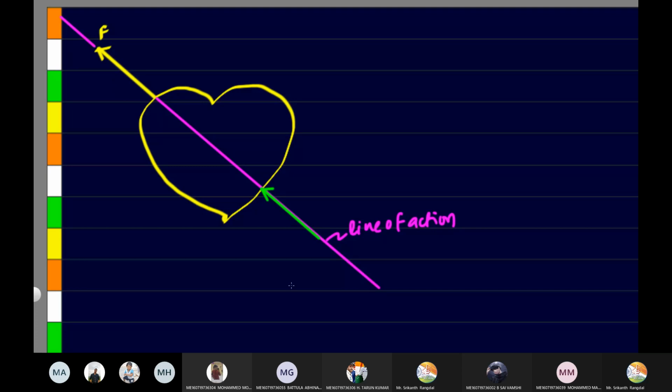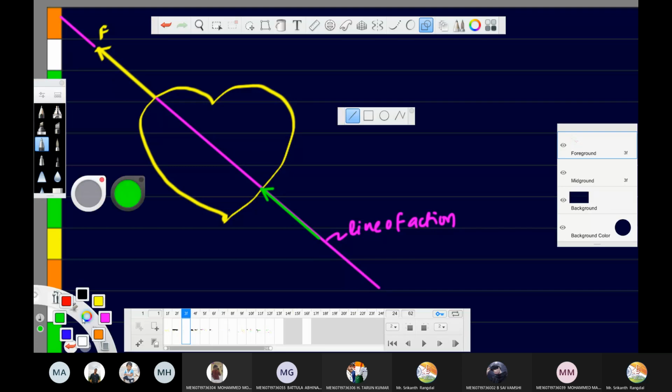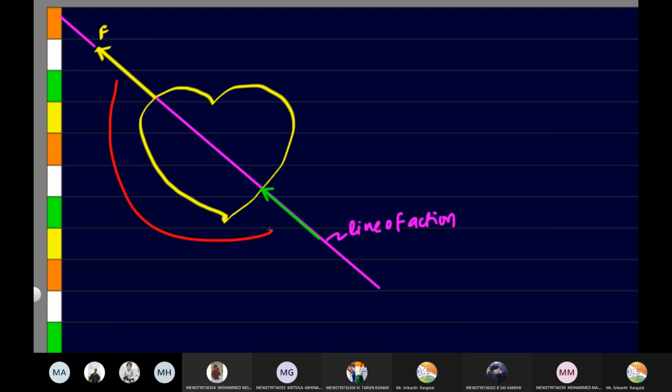Even if I transfer this force over here, the magnitude should be same, the direction should be same, and it should be along the same line of action, then their effect on the object will be same. This is called the law of transmissibility.